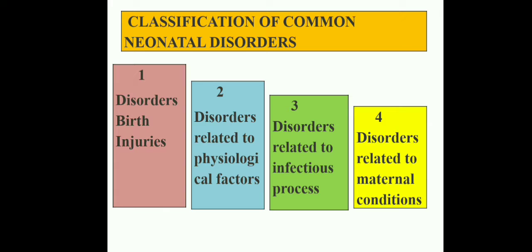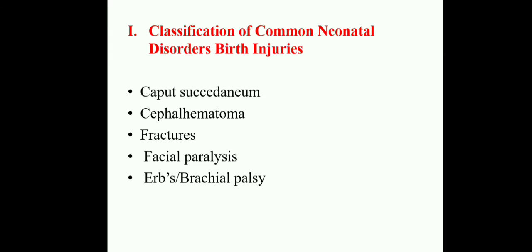These are the four classifications of neonatal disorders commonly affecting newborn babies. Okay, what are the four classifications? Disorders of birth injuries, disorders related to physiological factors, disorders related to the infectious process, and disorders related to maternal conditions. We will discuss one by one.